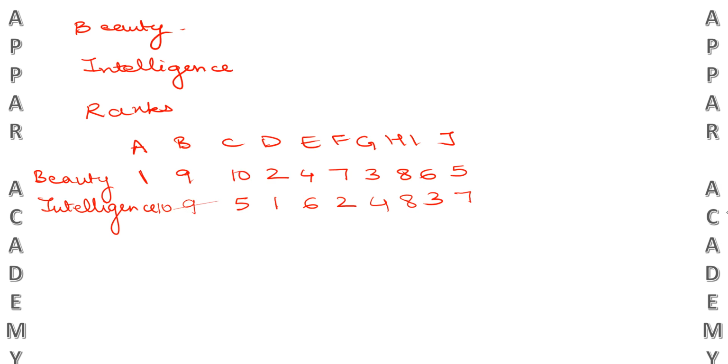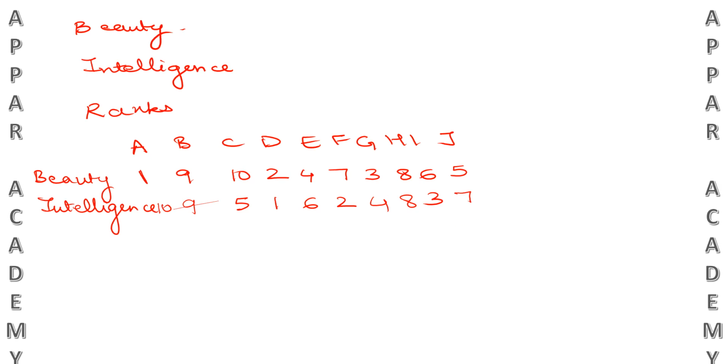Now when we are giving these ranks, just notice one thing. I have given them in the form of either ascending or descending order, which is the same for both characteristics. If I give rank 1 to the most beautiful person, then I again give rank 1 to the most intelligent person. This has to be uniform.